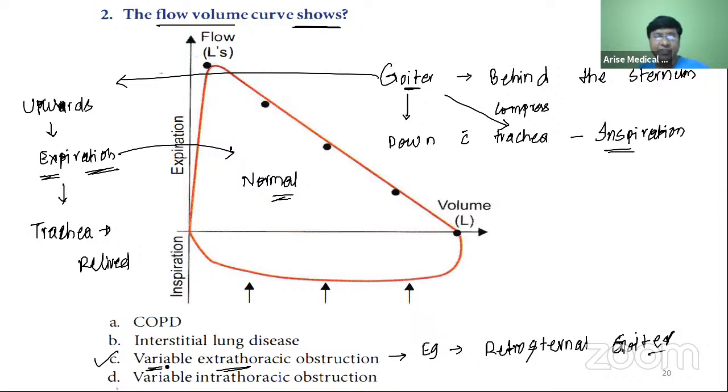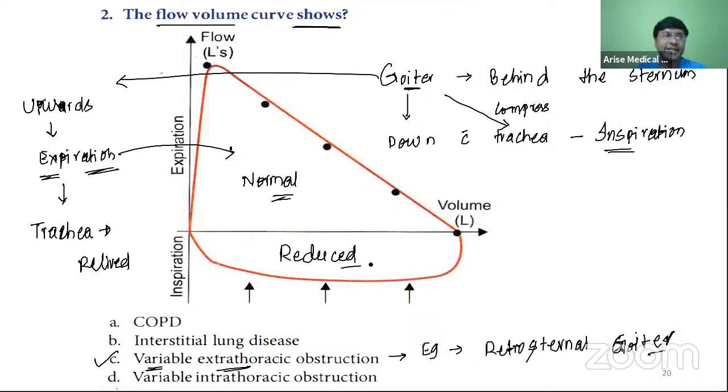So the example of variable extrathoracic obstruction is retrosternal goiter. This goiter moves down along with the trachea during inspiration behind the sternum, and it compresses the trachea. That is the reason why the inspiratory component is reduced.